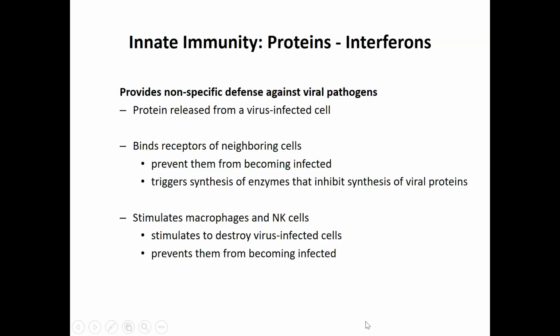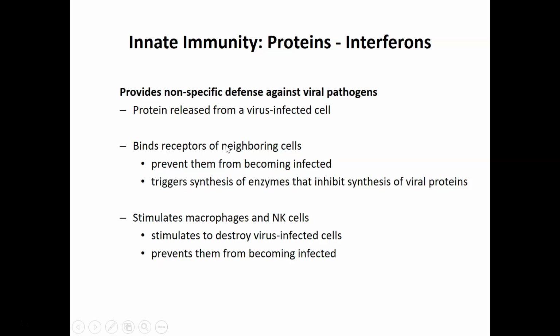These interferons are going to bump into nearby cells to the one that was infected. So some of these cells will just be neighboring cells in the tissue, same type as the infected cell.